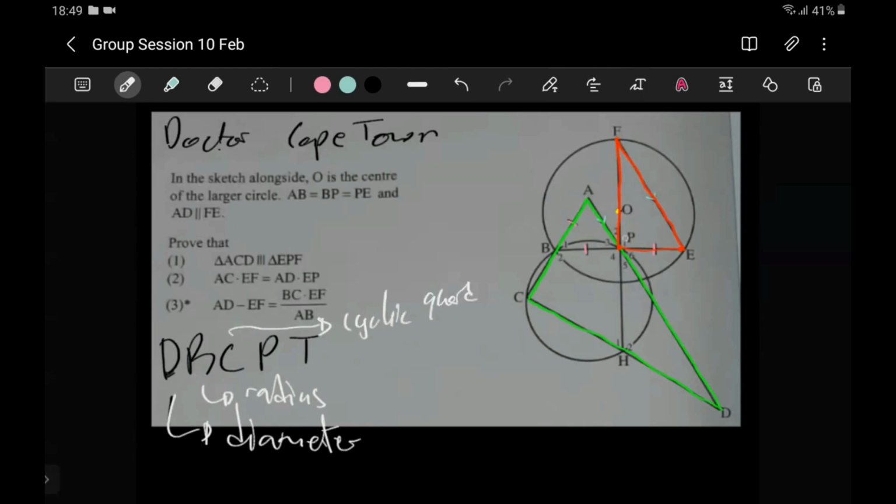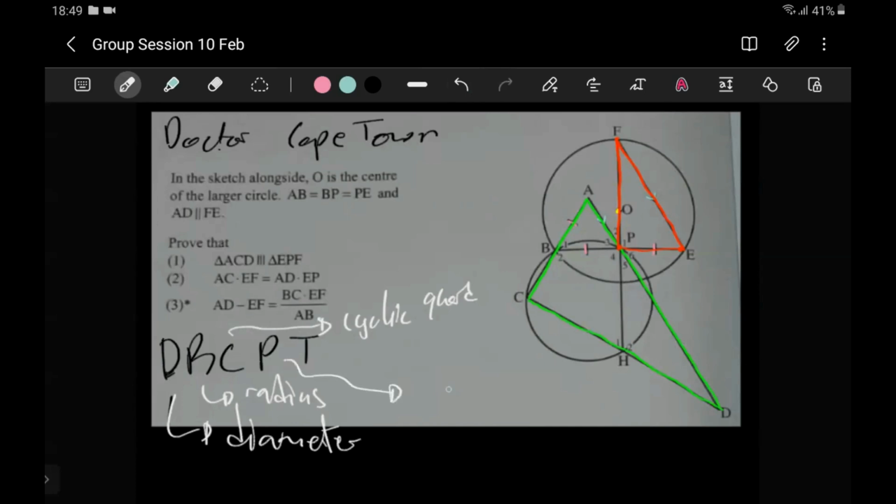We don't have any cyclic quad here in this first circle, but we do have one in this other circle. We may not end up using this cyclic quad, but it's just something to take note of. As long as you can remember this acronym, it helps you to look for specific things in your sketch.